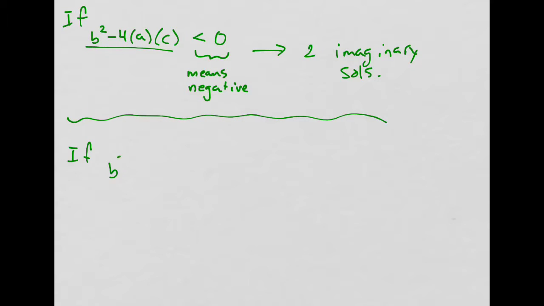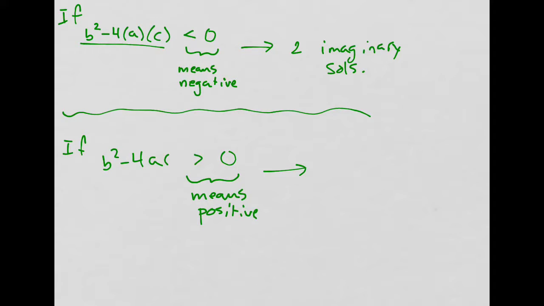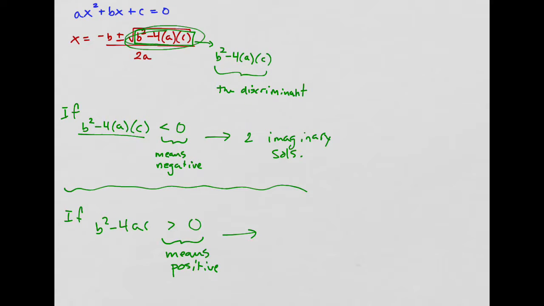If b squared minus 4ac is positive, meaning greater than 0, then that's two real solutions. You don't get a negative underneath, so you don't get an i. You just get plus or minus some number that's real.